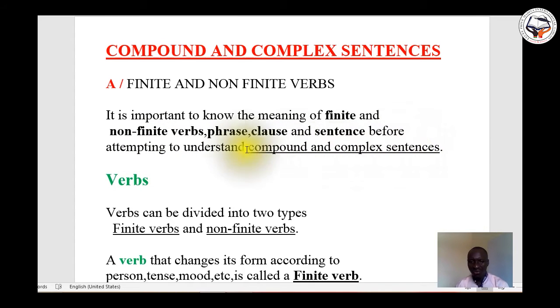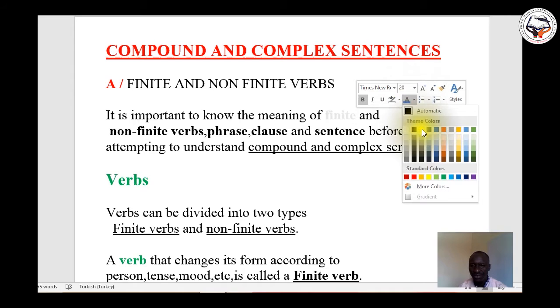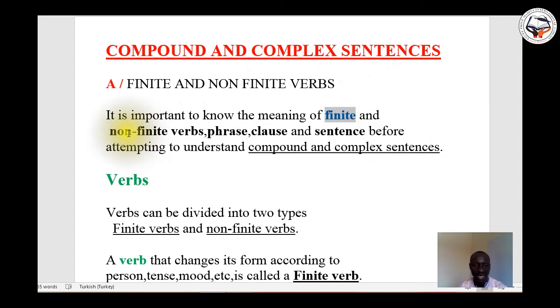You see, before you try to understand the meaning of compound and complex sentences, it is important for us to know the meaning of finite and non-finite. This is very important.